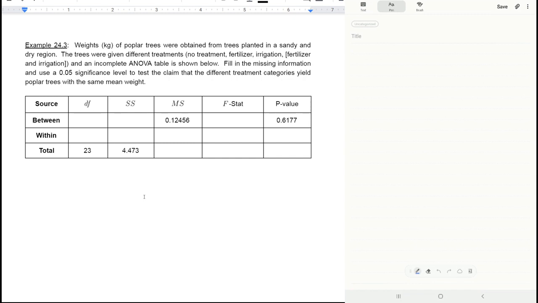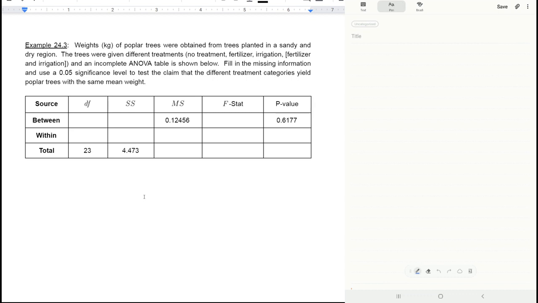So we have no treatment, the fertilizer, irrigation, and both fertilizer and irrigation as the 4 different treatments. And we have an incomplete ANOVA table given below. So let's fill in the missing information and then test at a 5% significance level the claim that the different treatment categories yield poplar trees with the same mean weight.